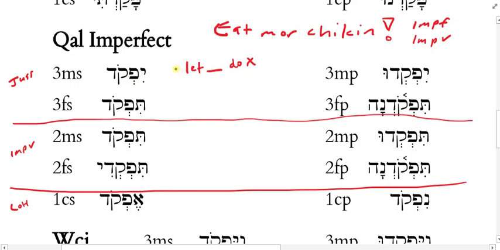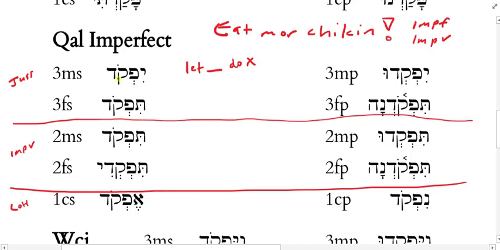You don't. This is the good news about the jussive, that the jussive and the imperfect are hard to distinguish. You need a special Hebrew microscope to do it, and you haven't been equipped with one yet. So we're not going to be able to tell the difference.